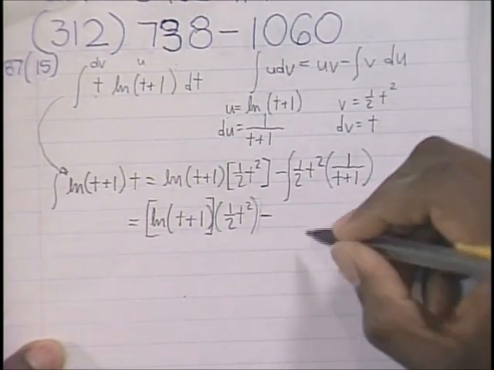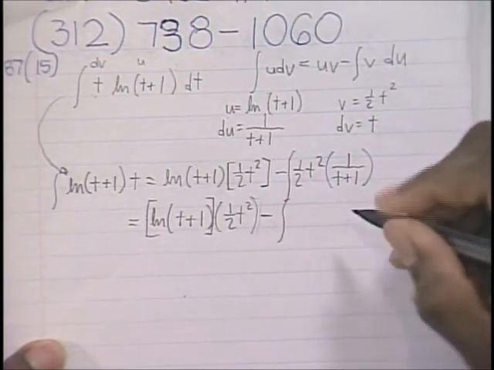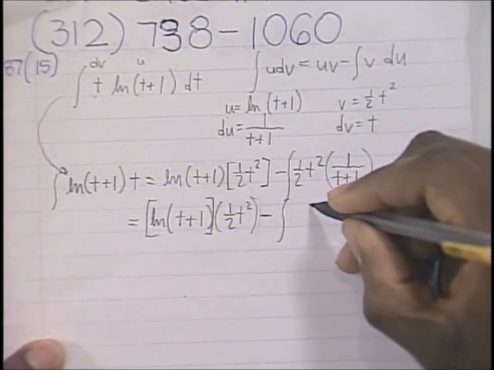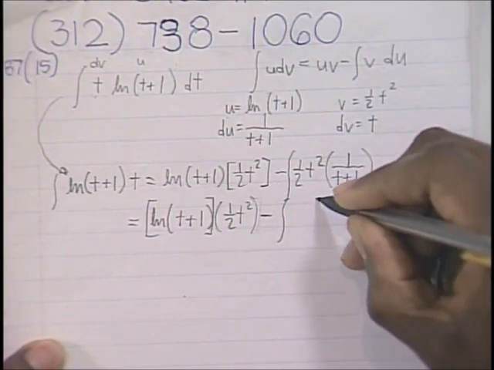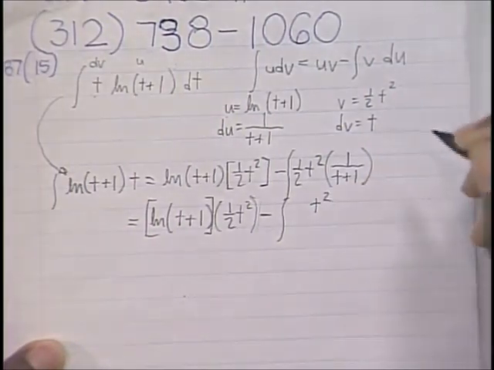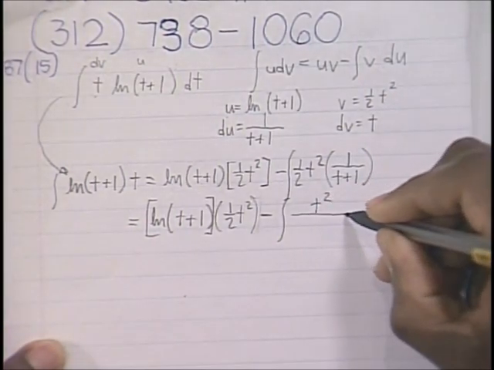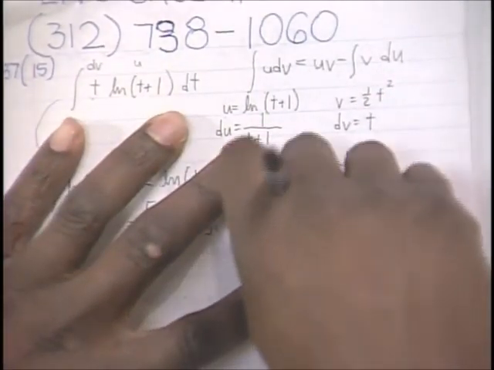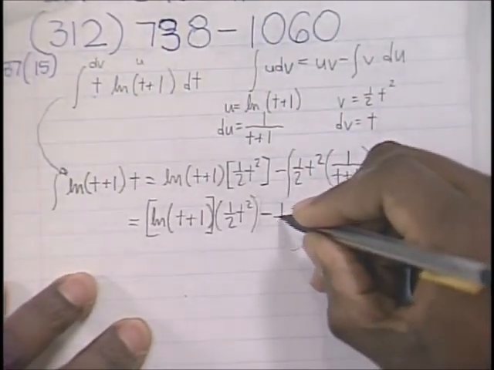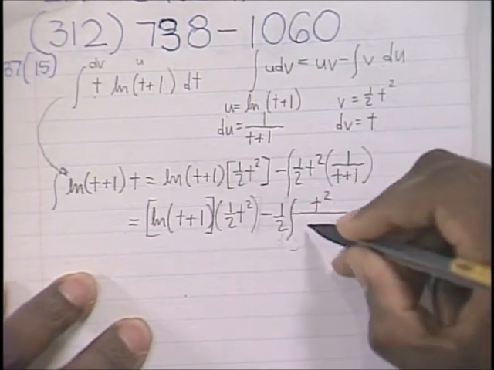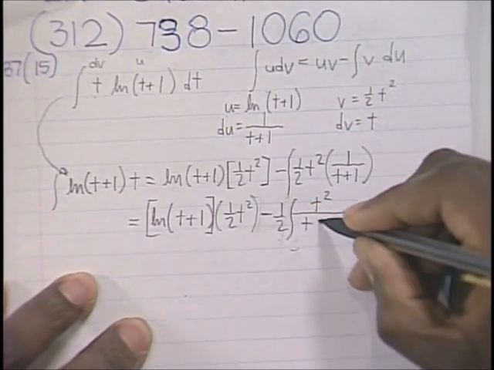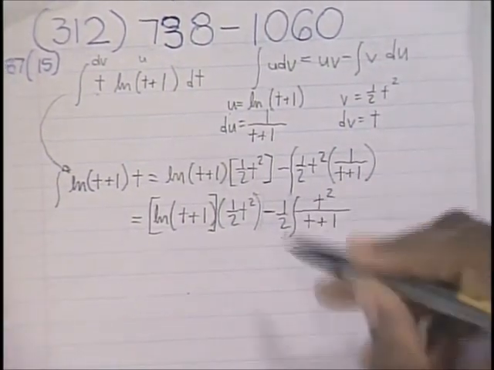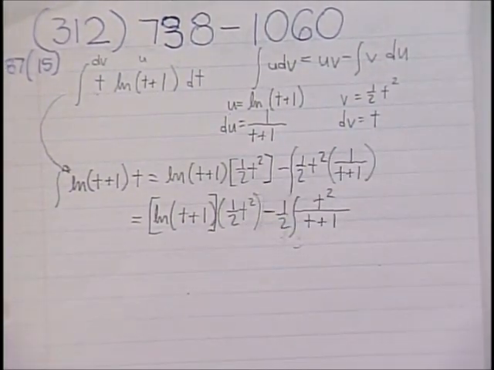So you end up with minus the antiderivative of t squared over, let's try to pull out the half maybe. Let's pull out the half here. The antiderivative of t squared over t plus 1. All right? And now you have to be able to take the antiderivative of that.